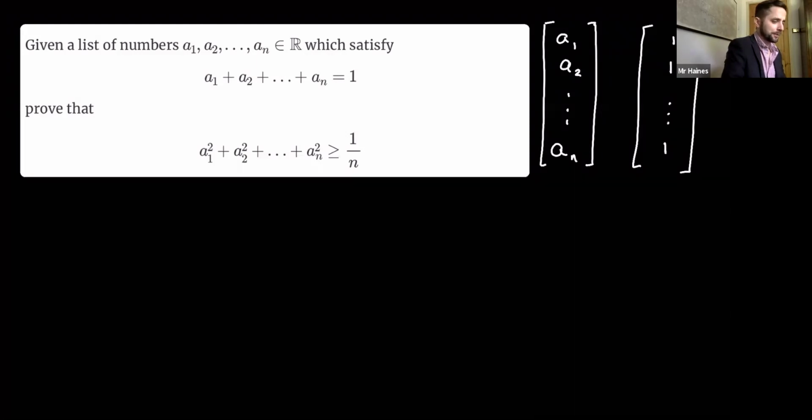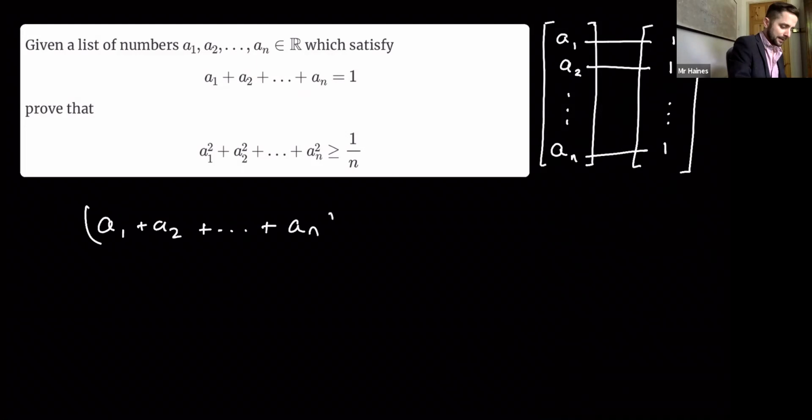Exactly. So on the left side of Cauchy-Schwarz, we get A1 times 1 plus A2 times 1, and so on, all the way to AN times 1. Mustn't forget to do that.